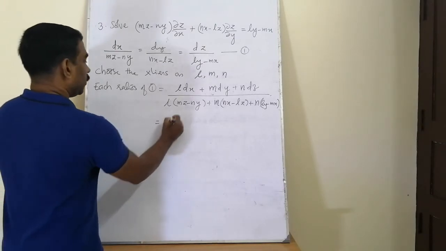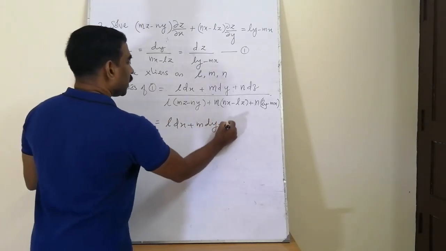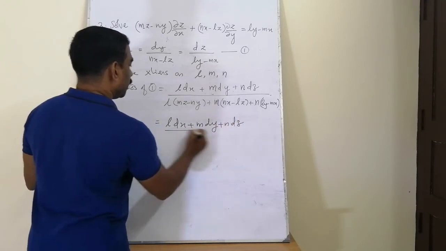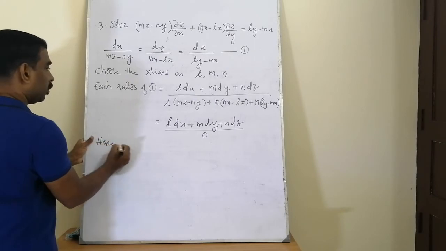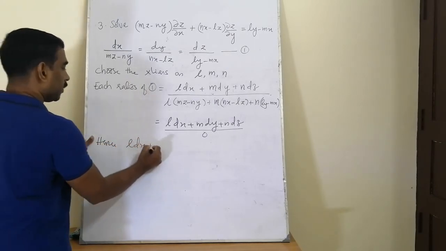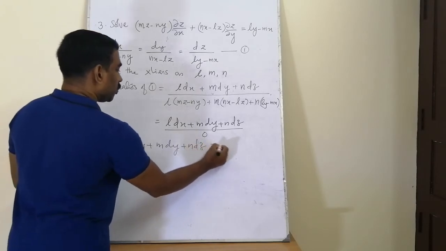So this is equal to L dx plus M dy plus N dz by 0. Hence, the numerator L dx plus M dy plus N dz is also 0.